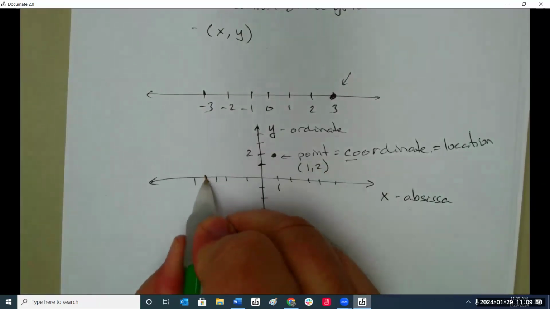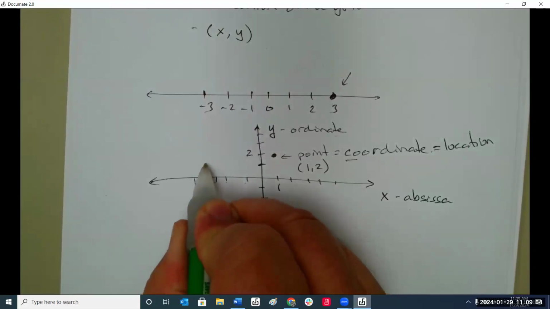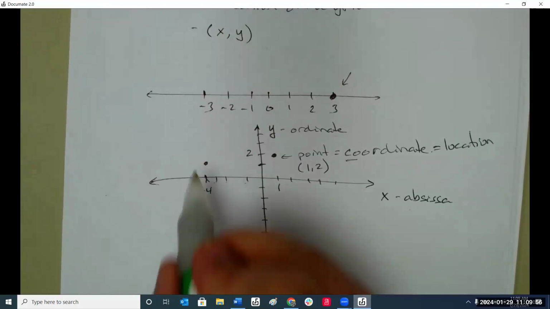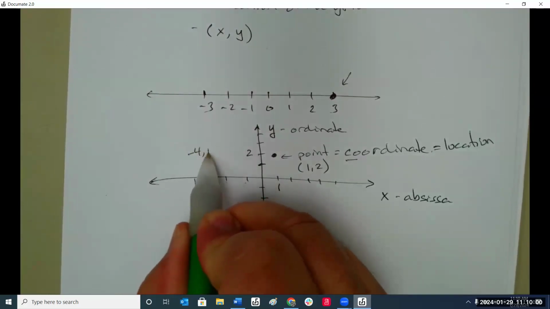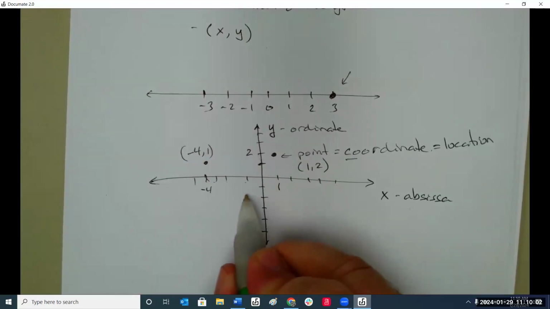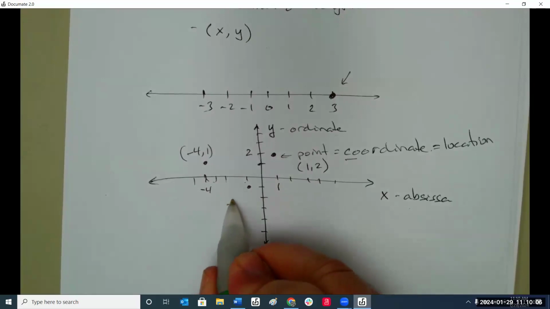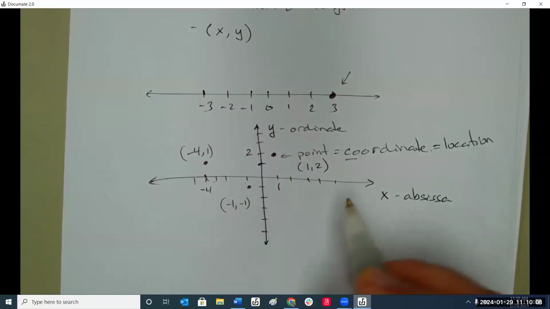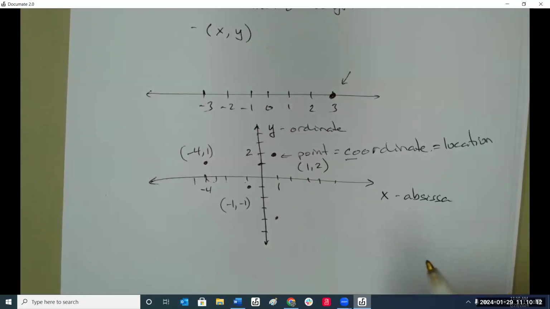And so far, what would that one be? Everybody should know how to do that. Remember how to do that, right?